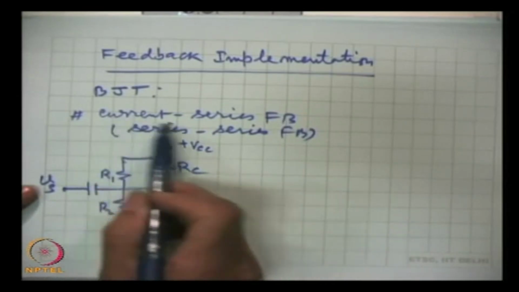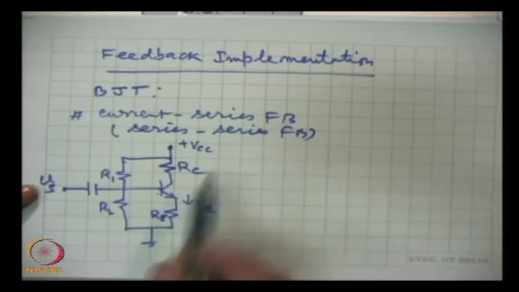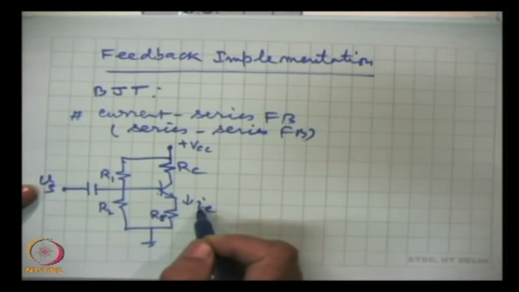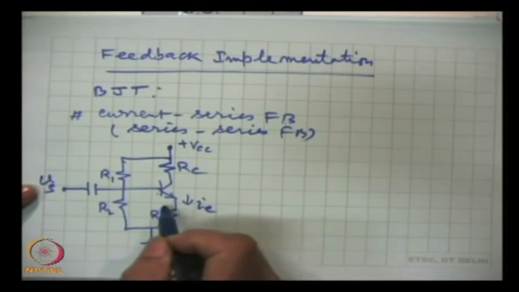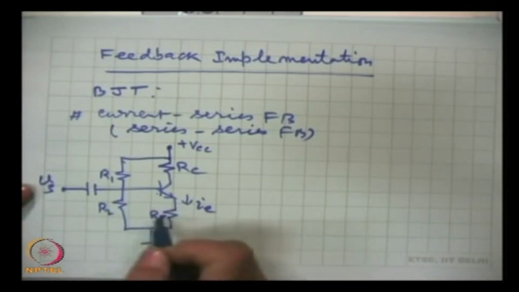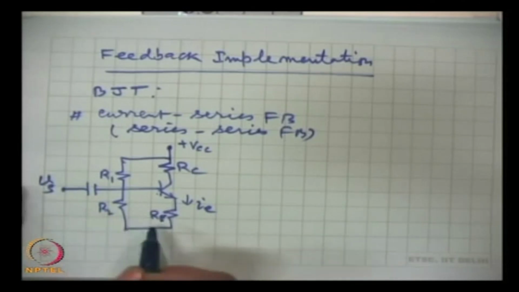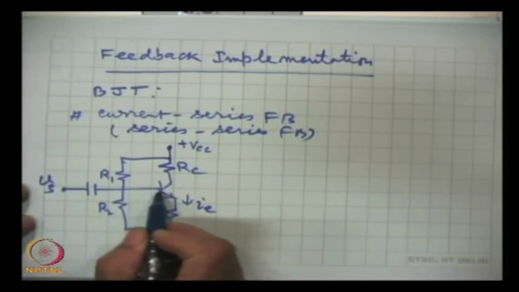That is why current series feedback. That means, the voltage developed here is proportional to the output current, and this voltage goes with this Vs with proper sign, and the sign is minus here, to the net.